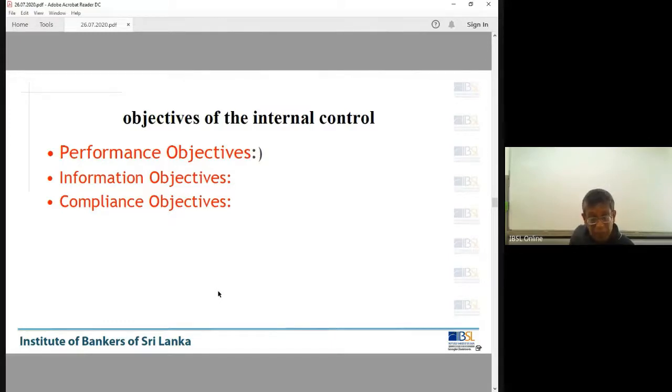Compliance risk, right? Your internal controls ensure that you are not going to break any rules and regulations prevailing in the country or imposed by the regulator, right? So therefore, internal controls have three main objectives: performance, information, and compliance, right? I hope you understood that.